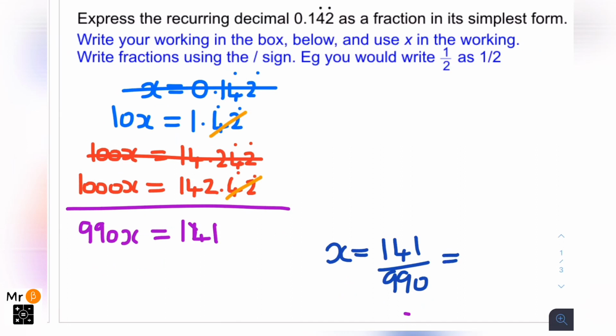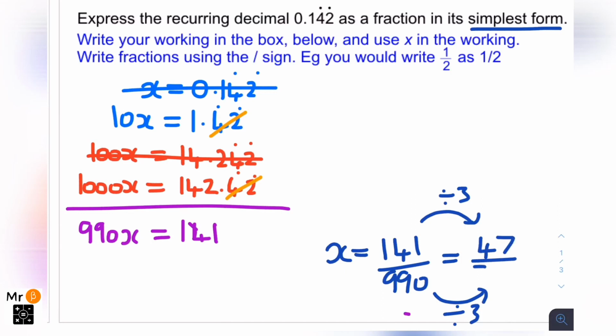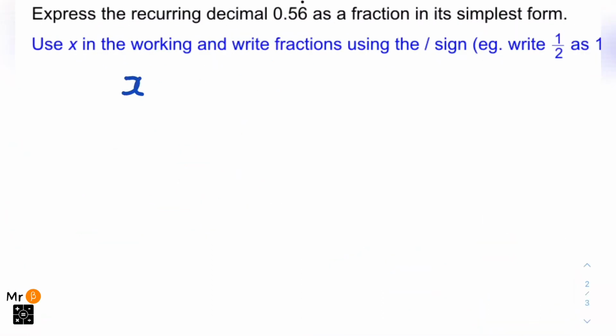So here we can see that we could divide, and there is a hint in the question, it wants it in its simplest form, by 3. So you do 141 divided by 3 and you get 47 over 330.